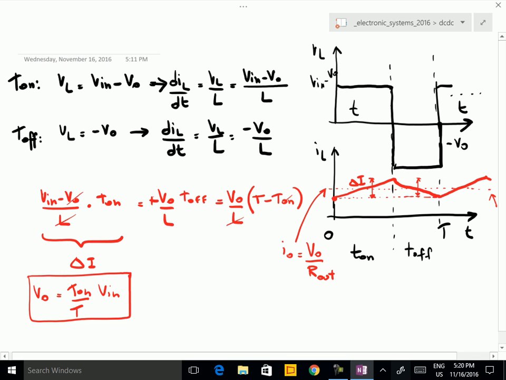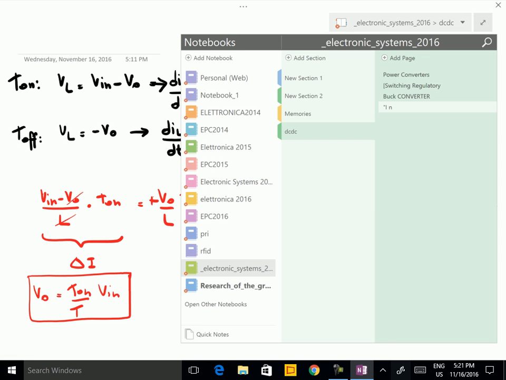First let us focus on the limit of continuous conduction, when the minimum current in the inductor is 0, and let's look at this situation. And then we see what happens if we reduce further the output current.